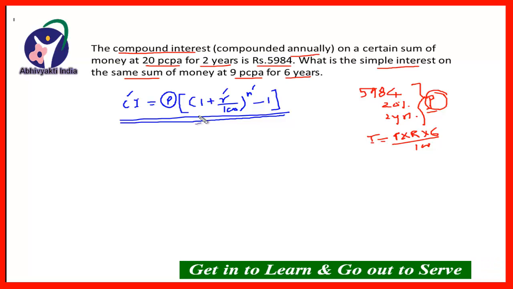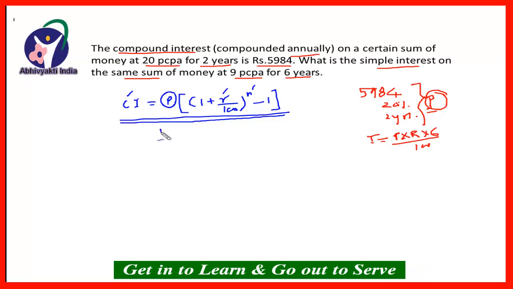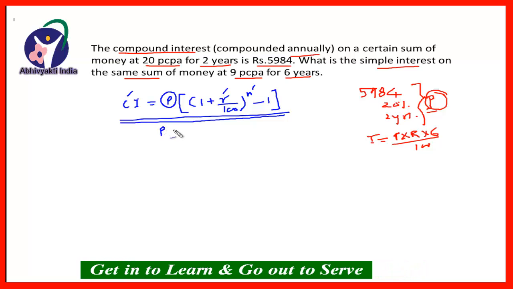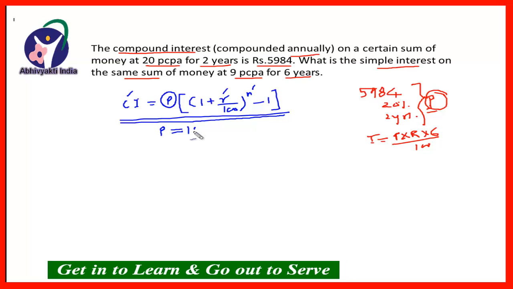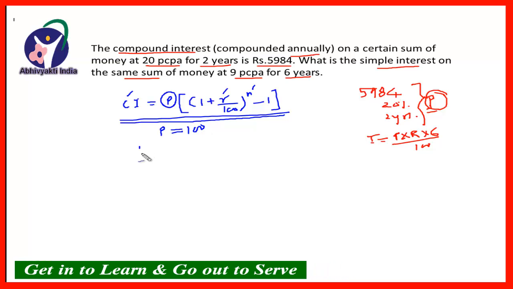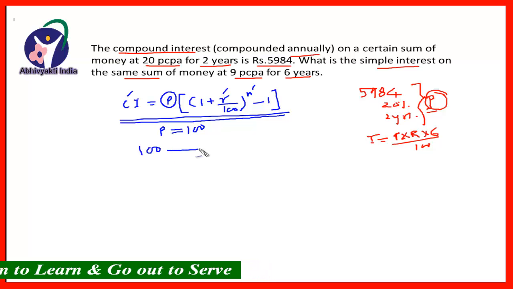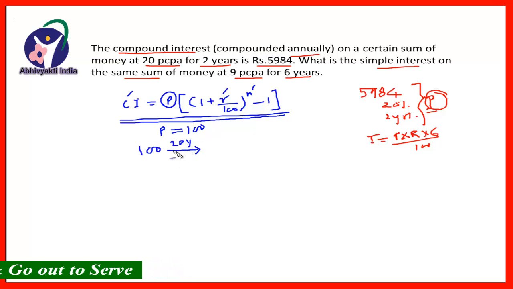So instead of doing this, we assume that the principal is rupees 100. Now on this rupees 100, for the first year the interest will be 20%, and 20% of 100 will be 20 rupees, so the total will be 120.